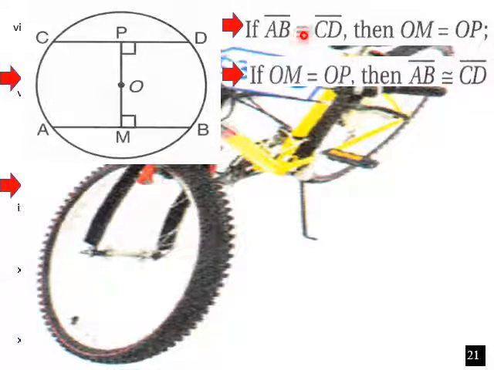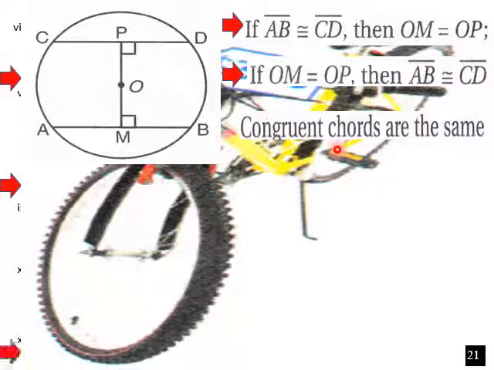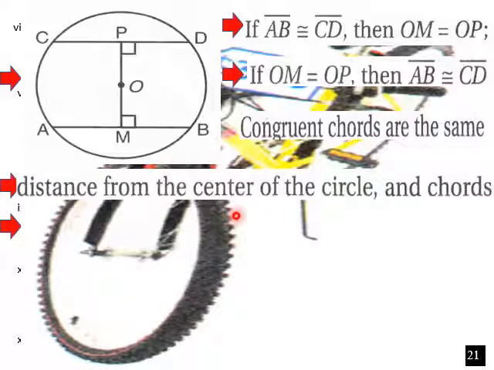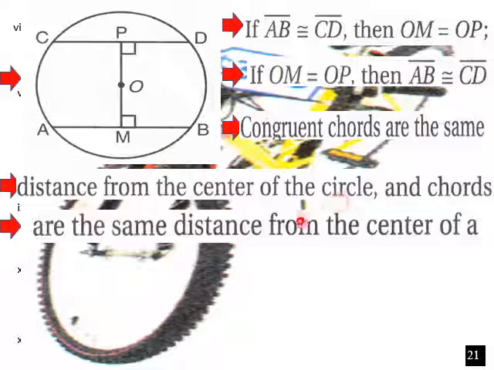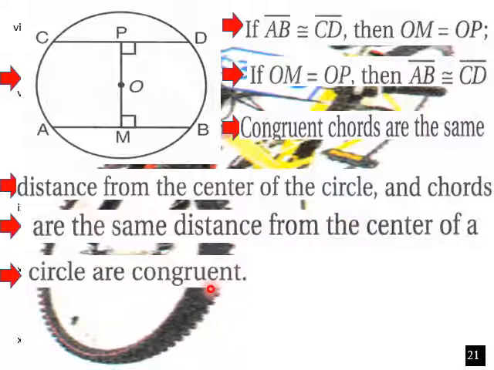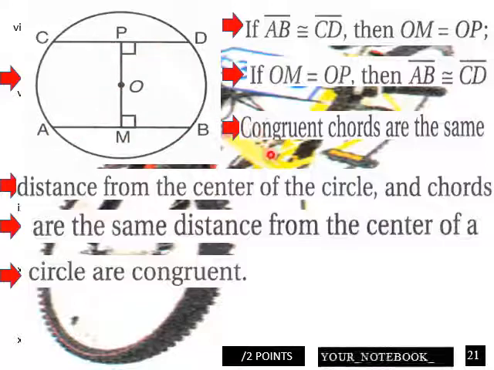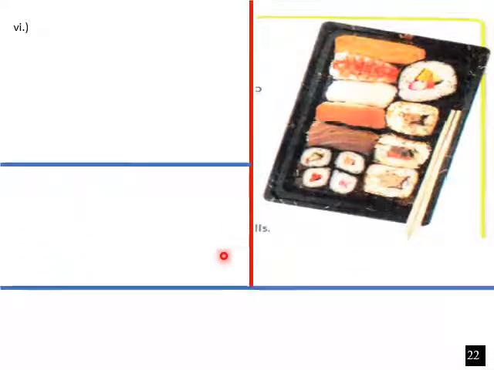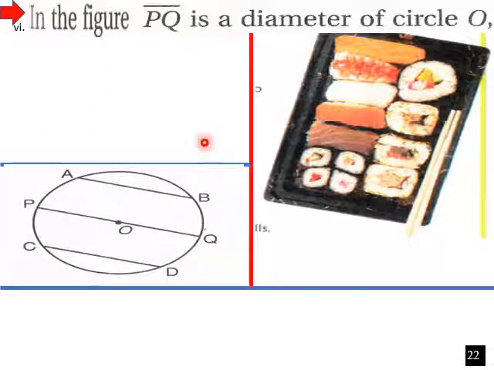We found that up here too, didn't we? Congruent chords are the same distance from the center of the circle, and chords that are the same distance from the center of a circle are congruent. So if they're equidistant, and we said that they were, then these chords are equal to each other. Another factoid that will be handy on your SAT.